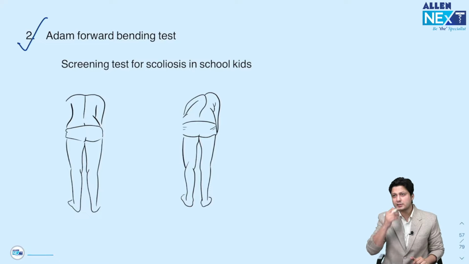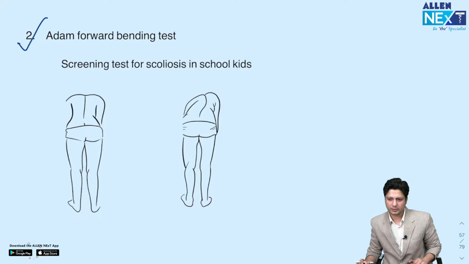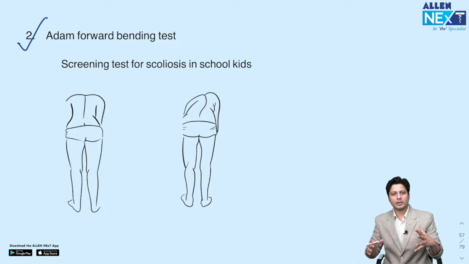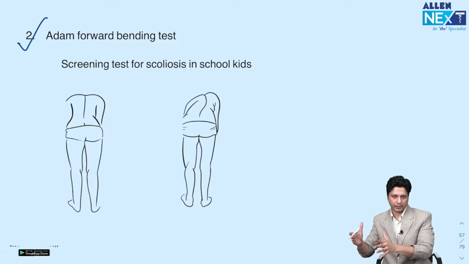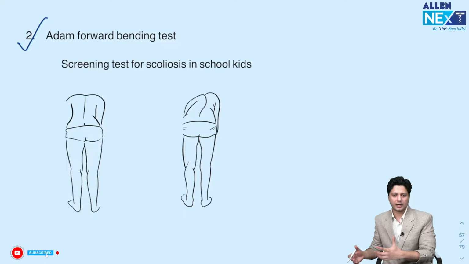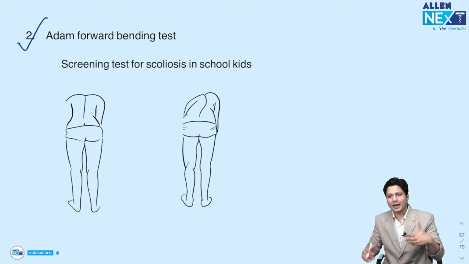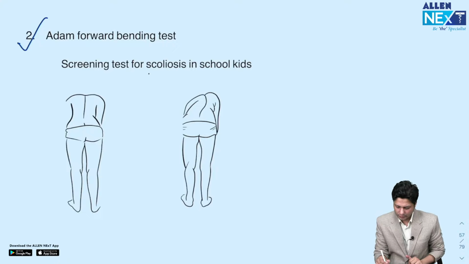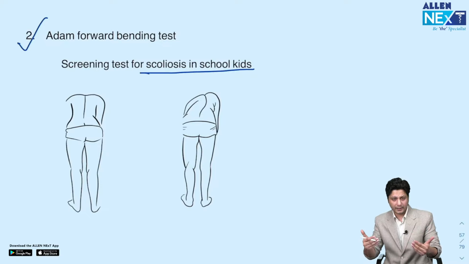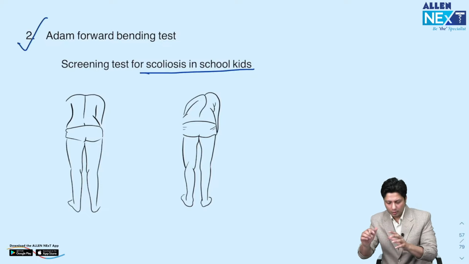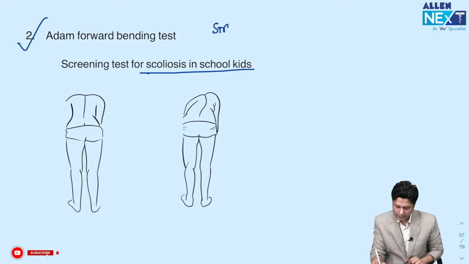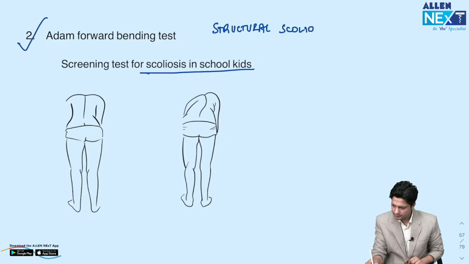Next, the question which was asked, I suppose, in the 2020 examination, where they asked about the screening test for scoliotic deformity. In case of a school-going child, this screening test is the Adams forward bending test for scoliosis in school kids, in order to know whether the scoliosis is structural or not.